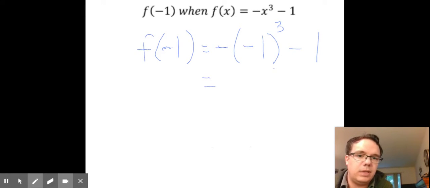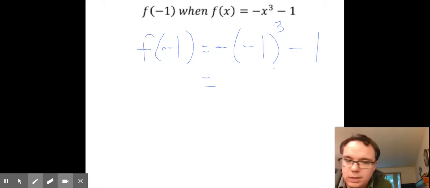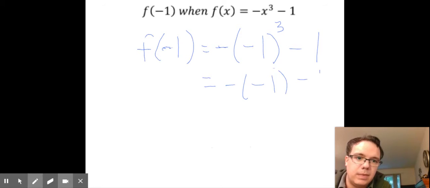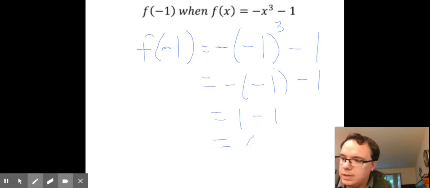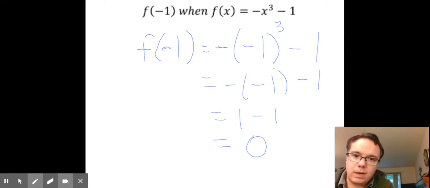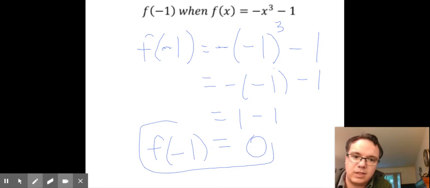So negative 1 cubed is negative 1. So we're going to get the opposite of negative 1 minus 1. Opposite of negative 1 is 1. And 1 minus 1 is 0. So f of negative 1 is 0.